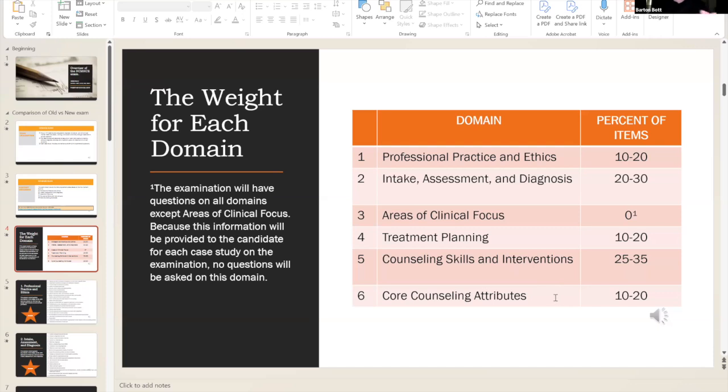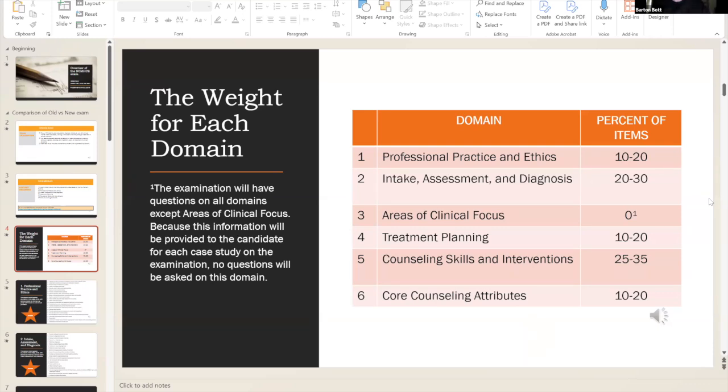And when I say theories, I'm talking psychodynamic, Adler, solution focused, acceptance and commitment, motivational interviewing, person centered, and the like, and all of their associated interventions. And then it wraps up with core counseling attributes. That pretty much corresponds to basic attending skills, that course that most of us started our graduate program with.